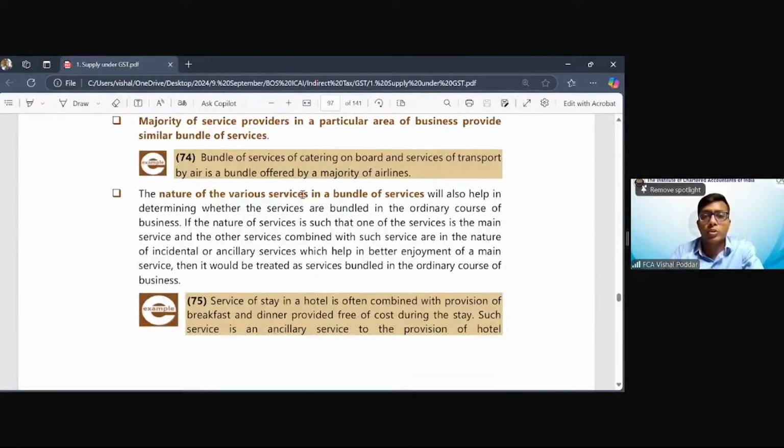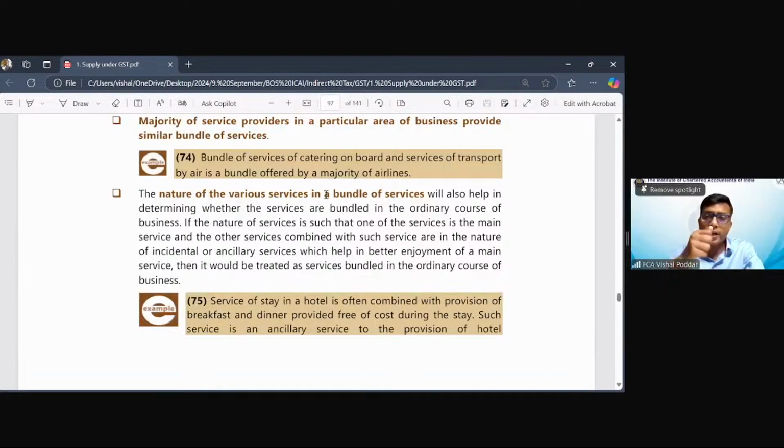Then, the nature of the various services in the bundle. Here again we are talking about goods, services, or both. Whether these various goods and services in the bundle are such that they match each other or are opposite to each other.